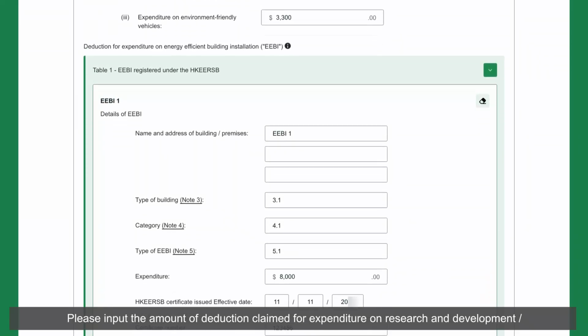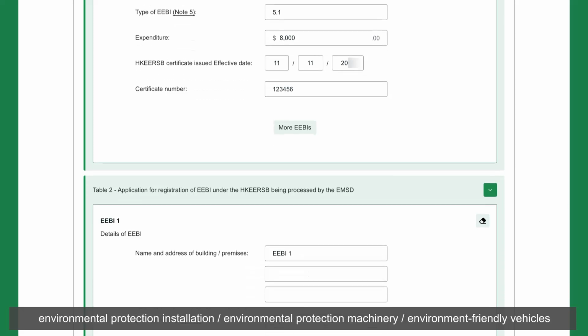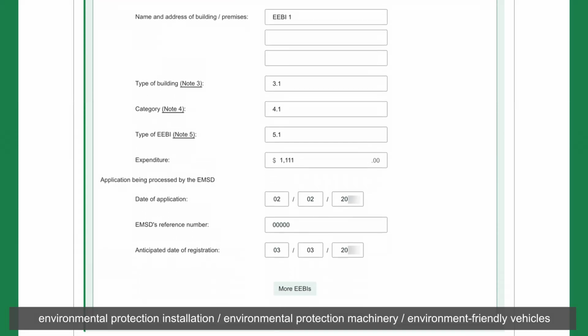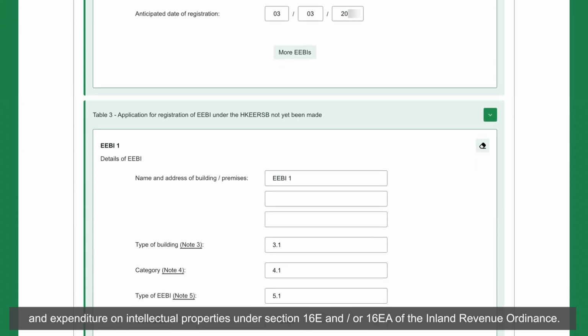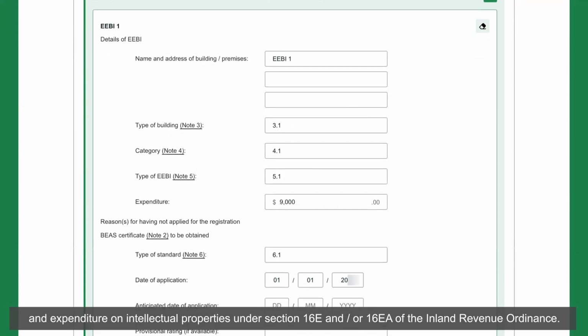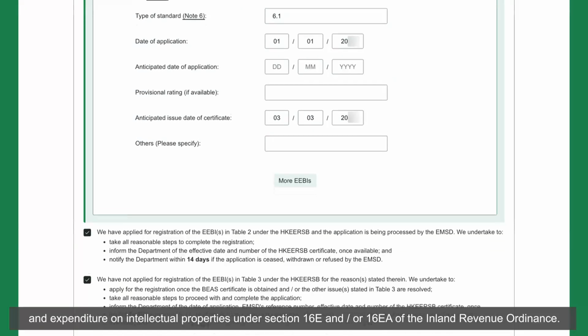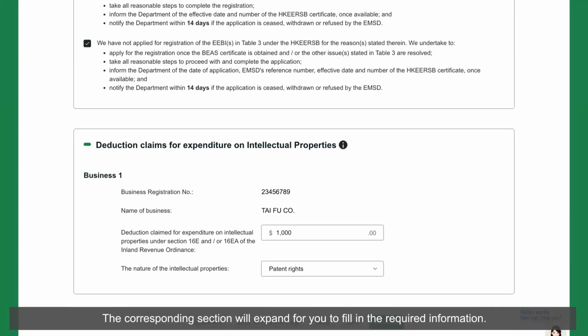Please input the amount of deduction claimed for expenditure on research and development or environmental protection installation or environmental protection machinery or environment-friendly vehicles and expenditure on intellectual properties under Section 16E and/or 16EA of the Inland Revenue Ordinance. The corresponding section will expand for you to fill in the required information.